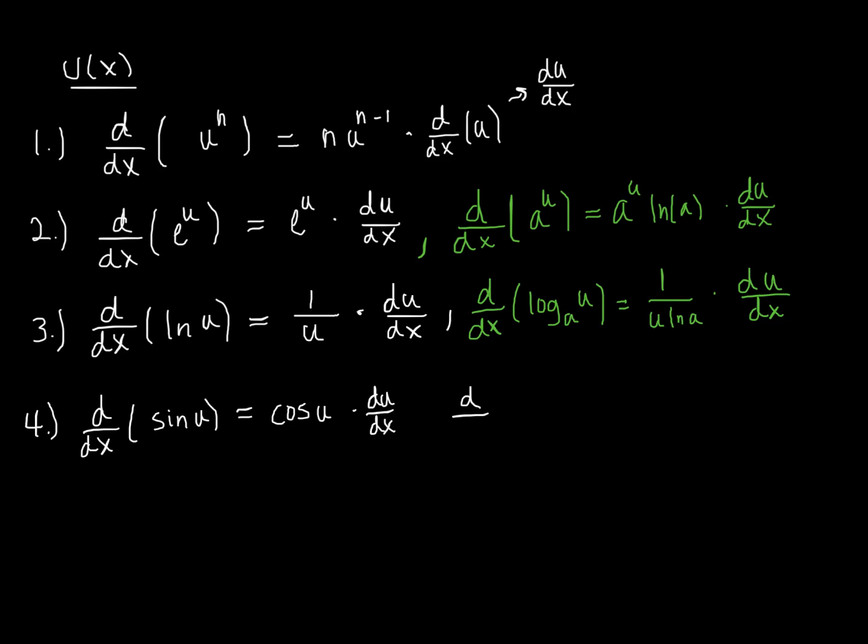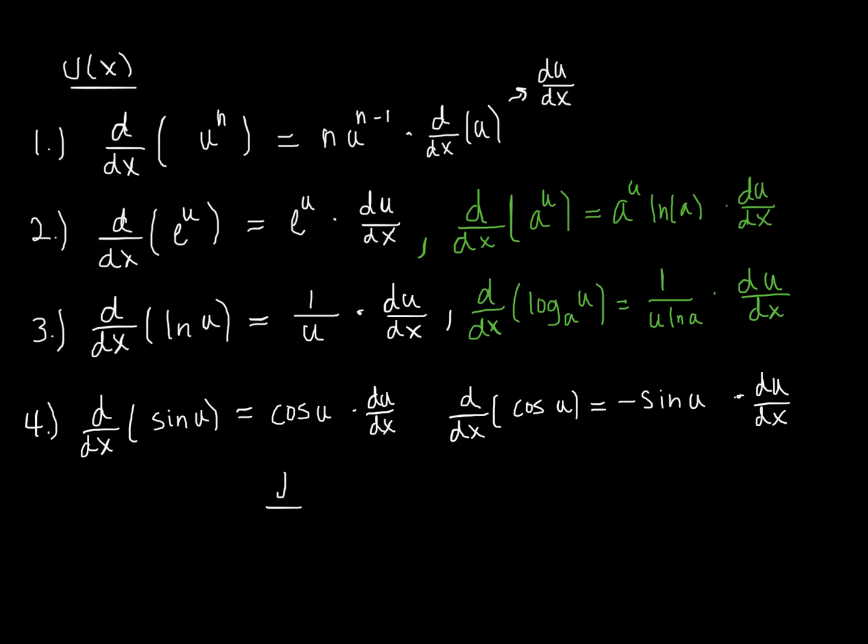I could also take the derivative with respect to x of cosine of u, and here I would have the outside function being cosine, and the derivative of cosine is negative sine of u times the inside function, which is the derivative of u with respect to x.